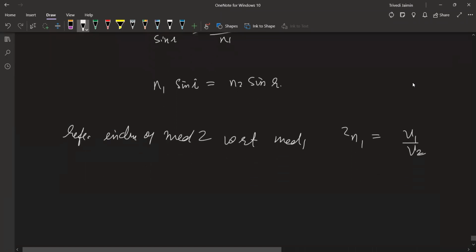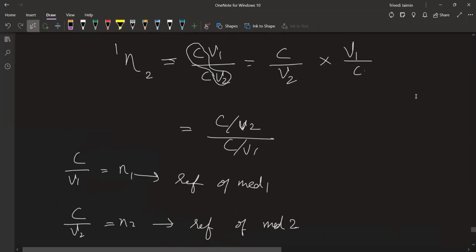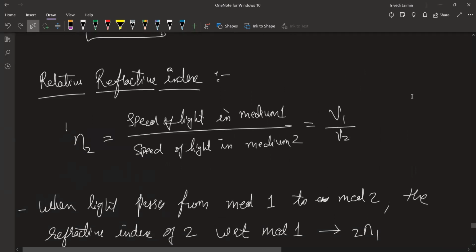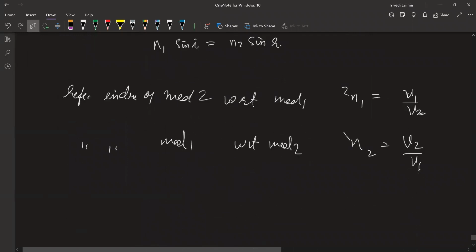Same way, refractive index of medium 1 with respect to medium 2 will be given as V2 by V1. So that is what you were saying, right? About this one? Somebody said it will be V2 by V1. Yes.